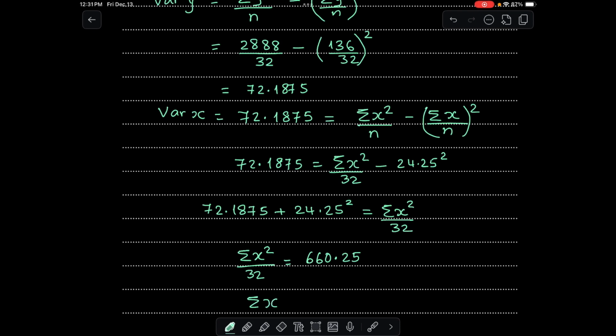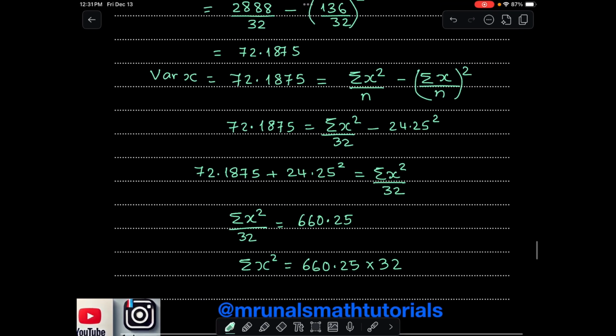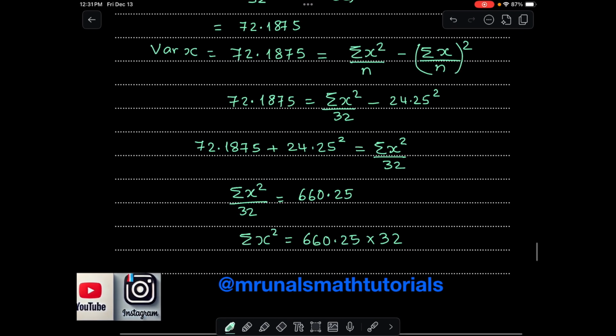Cross multiply, sum of x square is going to be 660.25 times 32. That is equal to 21,128. So that's your final answer.